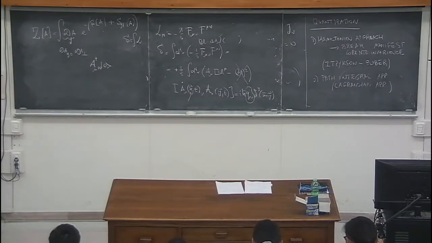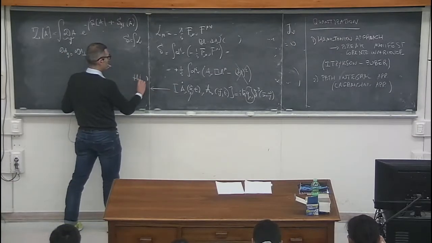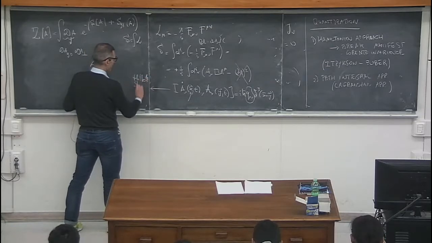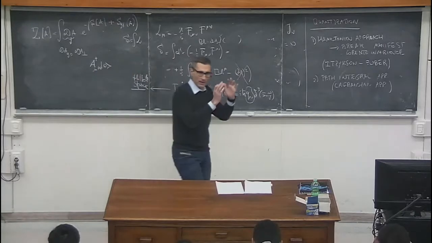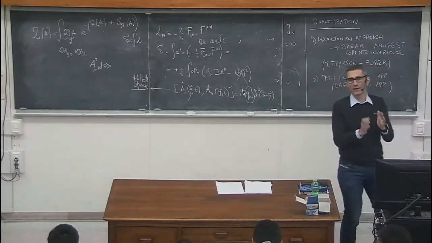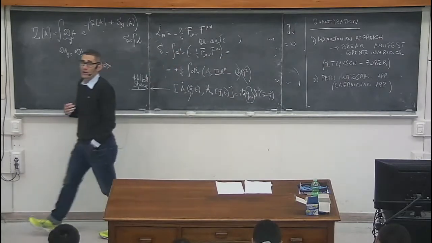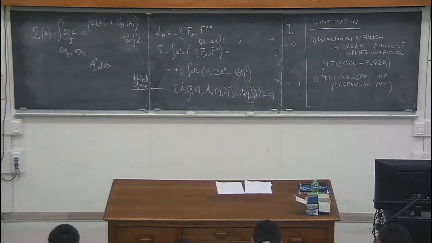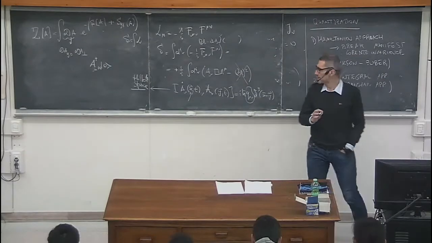So the Hilbert space has no really definite norm, so it's not really a Hilbert space in a good sense. Therefore, I cannot define really a good quantum field theory in this framework. So that's the main issue.